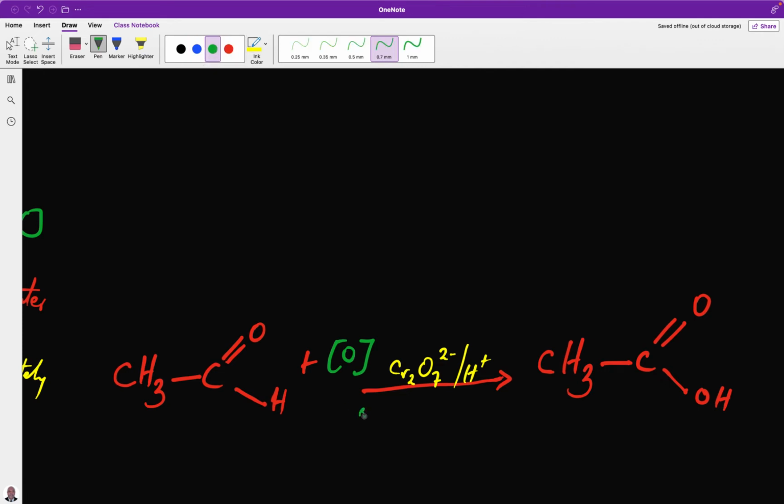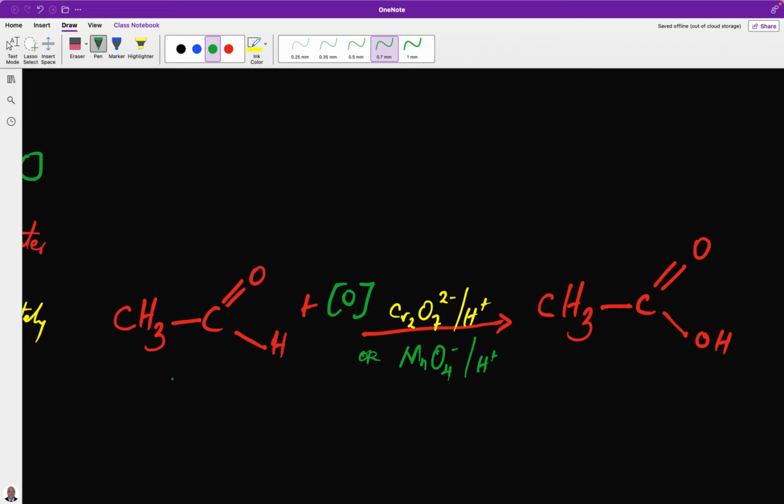The ethanal will now become what we call ethanoic acid.